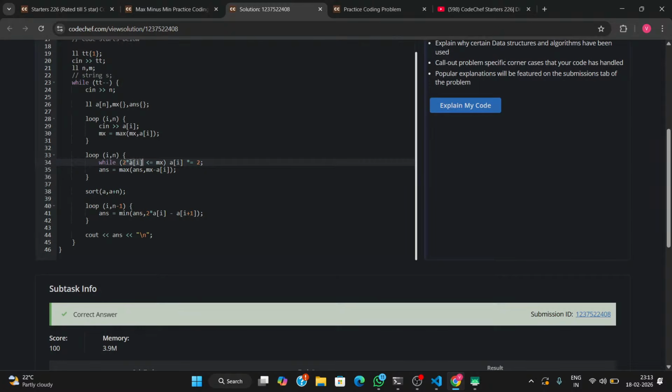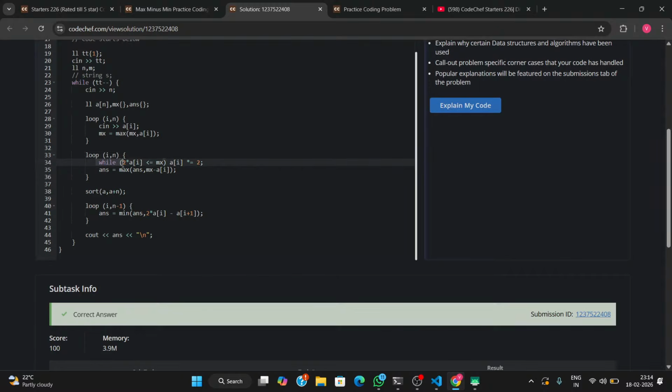So the time complexity for this will be simply log AI. So the overall time complexity is N log N for sorting and N into log AI for these operations. So the overall time complexity is also not an issue.